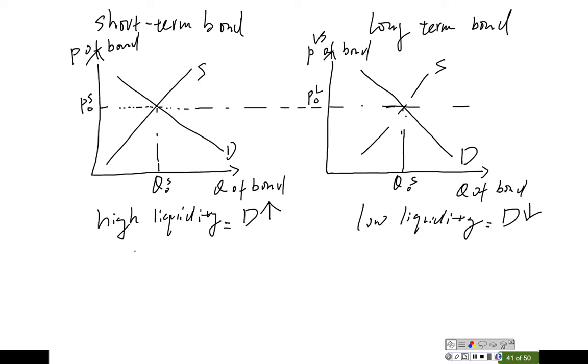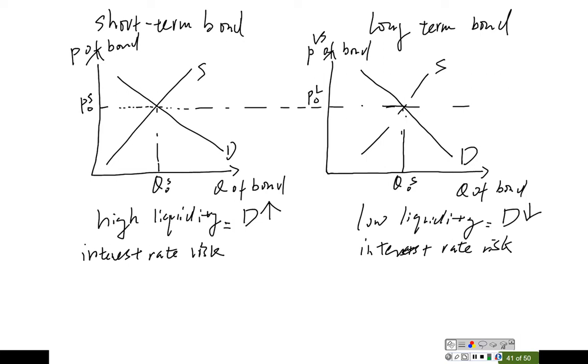In addition, both the short-term bond and the long-term bond face a certain risk. If you remember, bonds face the interest rate risk. What's the meaning of the interest rate risk? Interest rate risk means if the interest rate in the market increases, the price of the bond will drop.